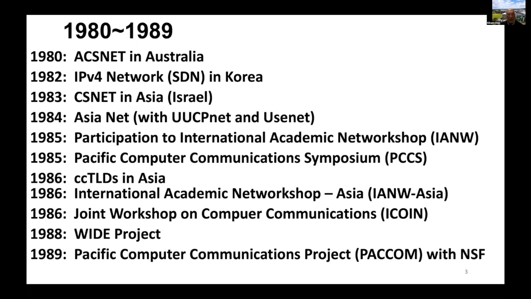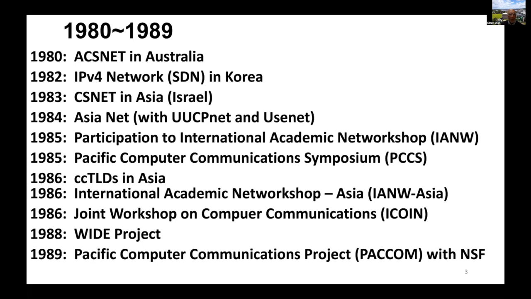Then in 1984, we had AsiaNet. It's sort of part of the ecosystem in Asia, using UUCP-net and Usenet, with countries like Australia, Indonesia, Japan, Korea, and Hong Kong. Those leading countries in Asia joined this AsiaNet.